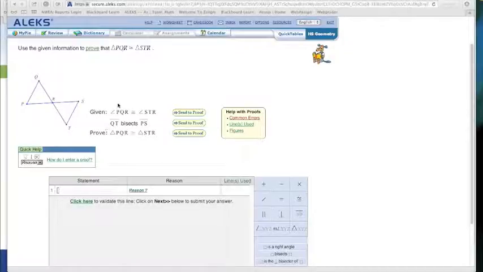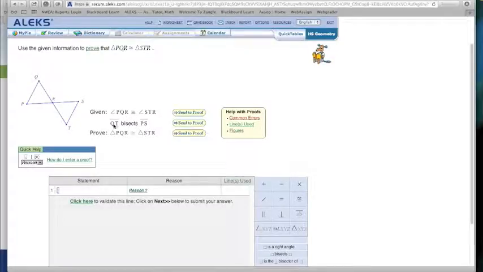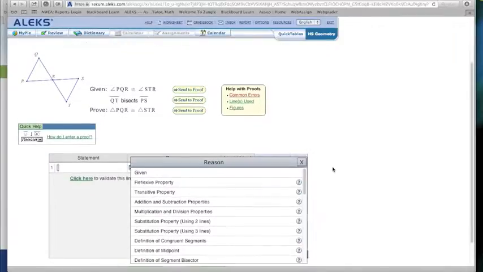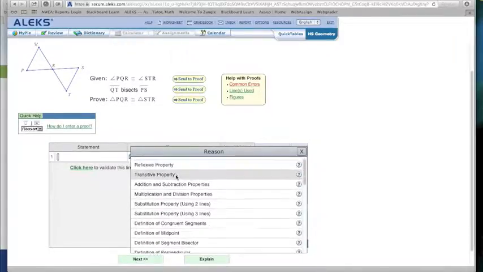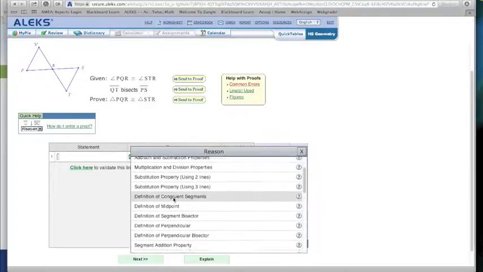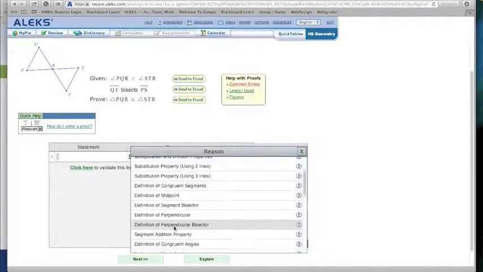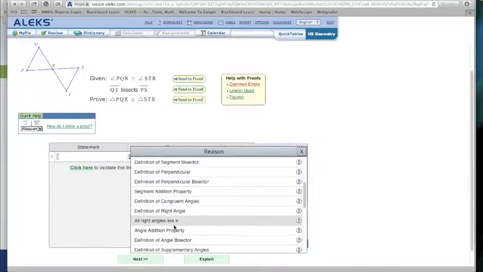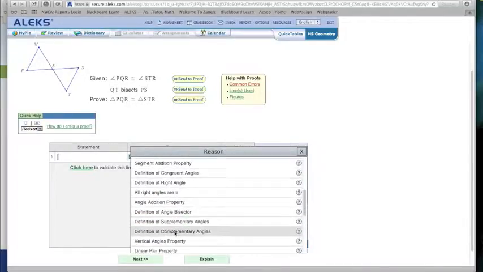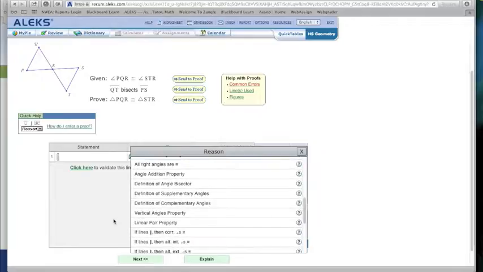In addition, if we look at the given information here, we have the term bisect. In this case, one segment bisects another segment. And if we pick up on these key words, the word bisect, that helps us with picking our justification here. So if we look at the things that mention bisector in them, segment bisector, perpendicular bisector, angle bisector, we're going to use one of those bisector statements.